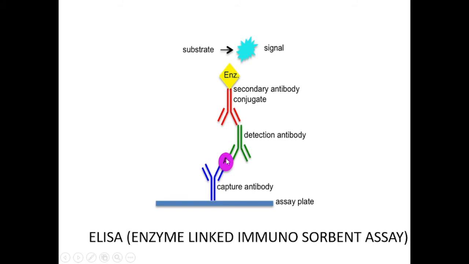This antigen antibody binding, we cannot visualize. In order to visualize it, we need another antibody which can bind with the antigen antibody complex. This binding can be detected by using another antibody, called the secondary antibody or an antibody conjugate, which is labeled with an enzyme.